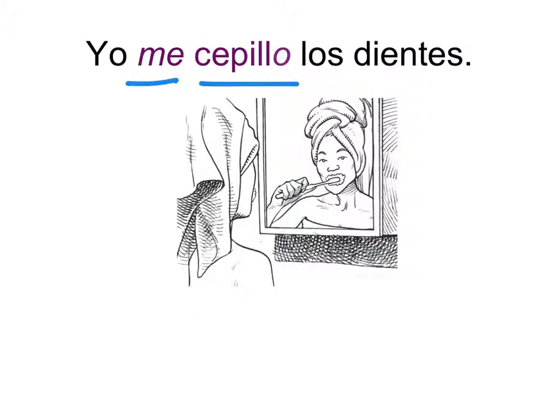Me means me. And remember, why am I not using mis dientes on that note? Why do I say los dientes? Why is it grammatically incorrect to say mis dientes? Because basically I'm saying I'm brushing my own teeth to myself.